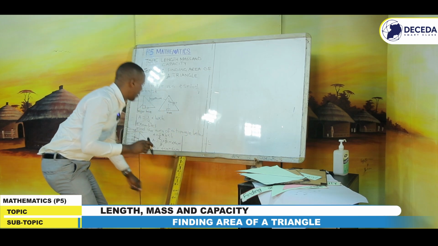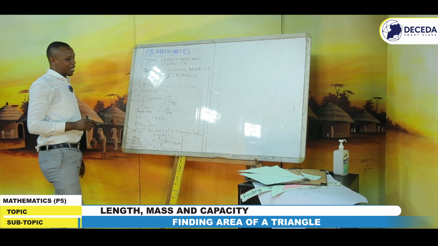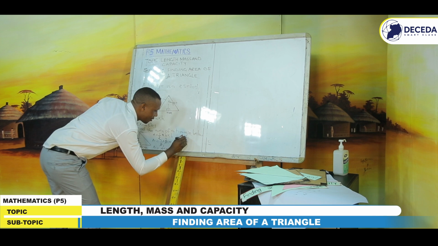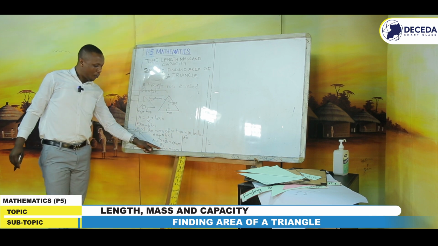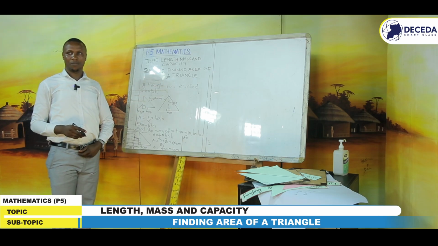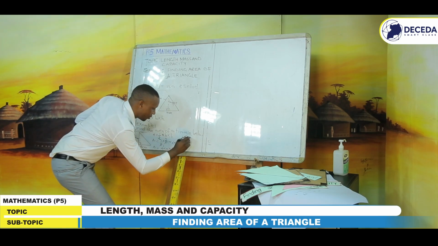Then 4 centimeters times 6 centimeters. Here, we may end up having the area. When we have 4 times 6, that is 24.